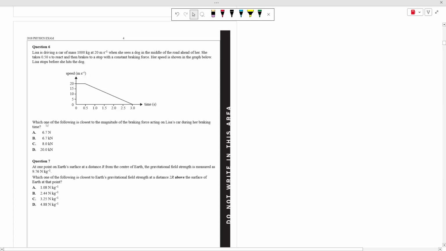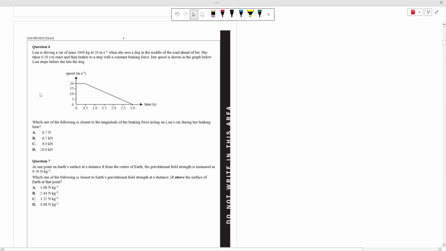Which one of the following is closest to the magnitude of the braking force acting on Lisa's car during her braking time? So let's think about how we might need to work this out. So force, our job is to work out a force. Now force is linked with mass and acceleration. So we've got the mass of the car, but we need to know the acceleration of the car during this time to then be able to work out the force.